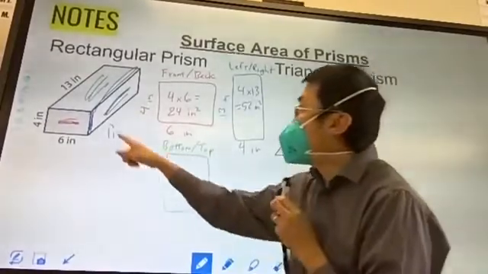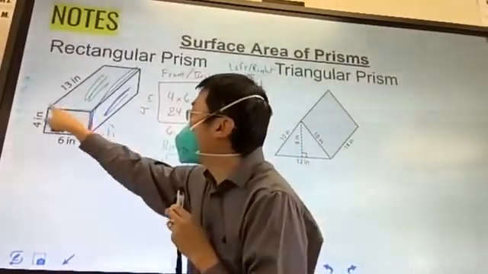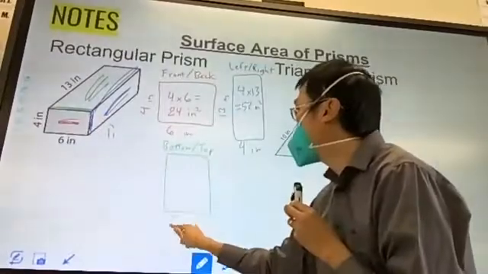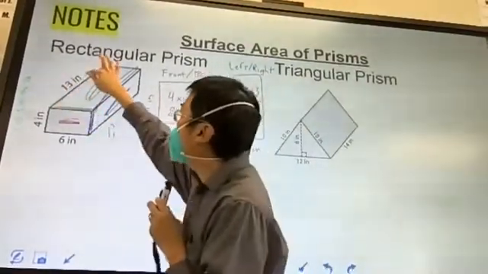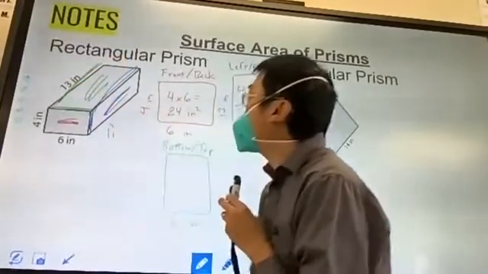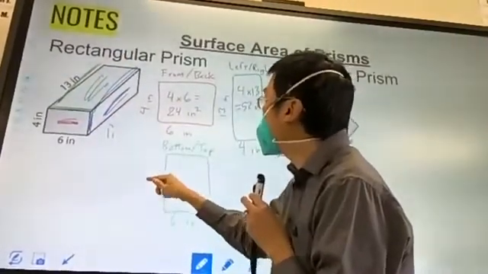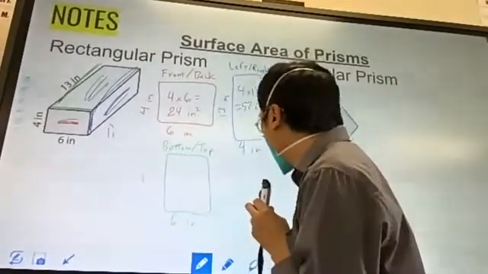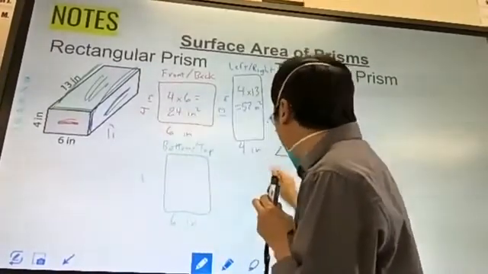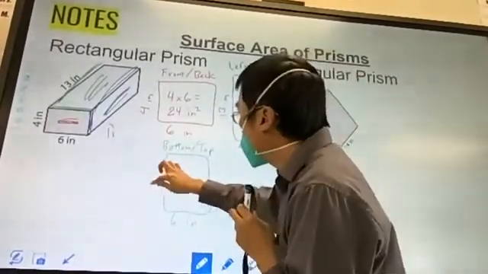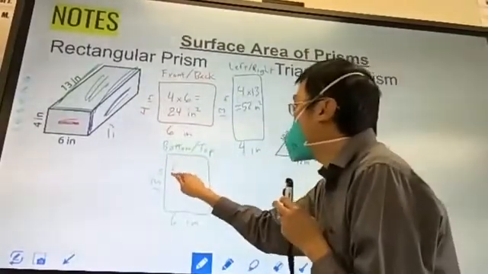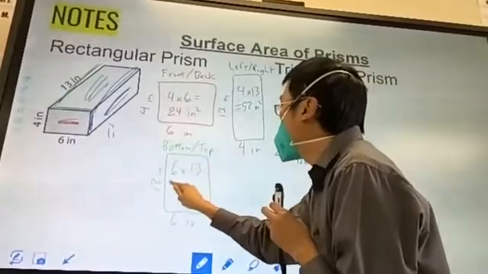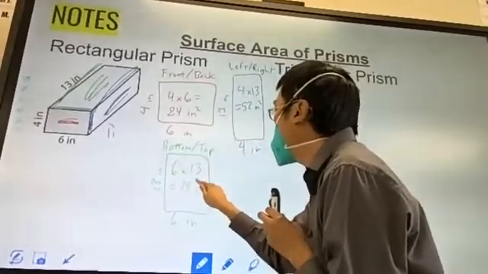So the bottom, the base is going to be 6 inches. And the height is going to be 13 inches. Oops. So 6 times 13 is going to give us 78 inches squared.